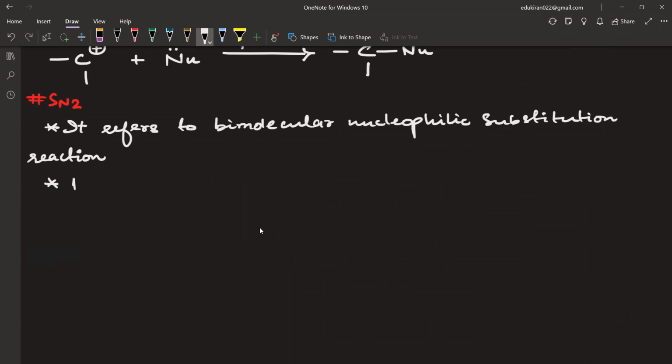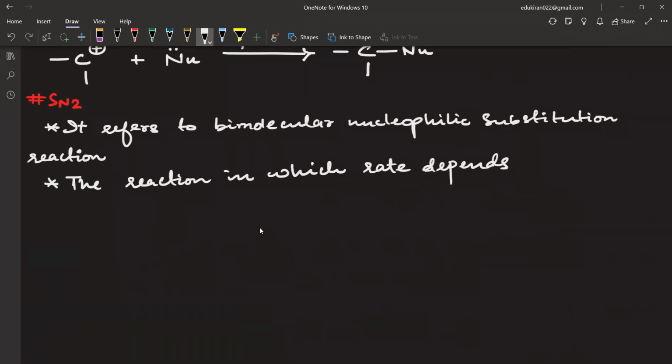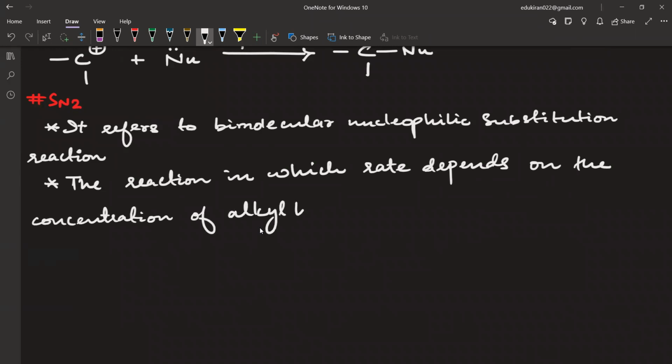So it is the reaction in which the rate depends on the concentration of alkyl halide as well as nucleophile.